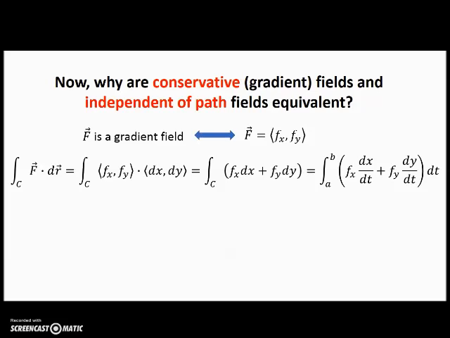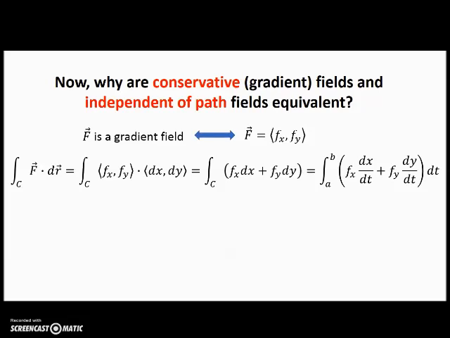And now we're completely in terms of x and y at this point. We can change to t, where we're starting when t is equal to a and we're ending when t is equal to b. By a little trick, we just multiply by dt over dt, and that's just multiplying by 1, right? So take the denominator into the equation and leave the numerator out for your dt in your integral.